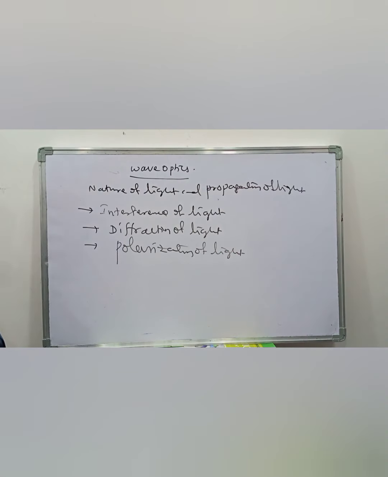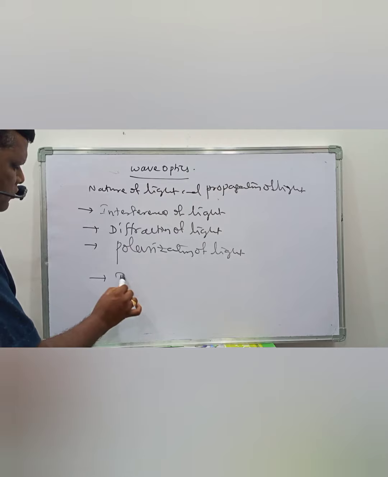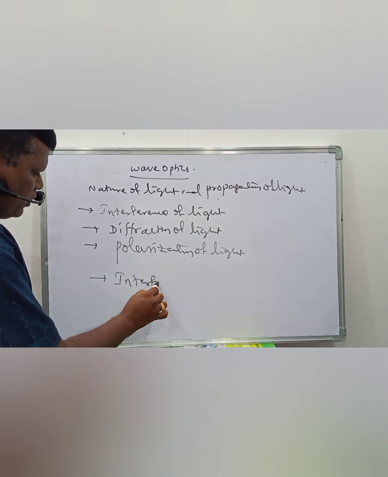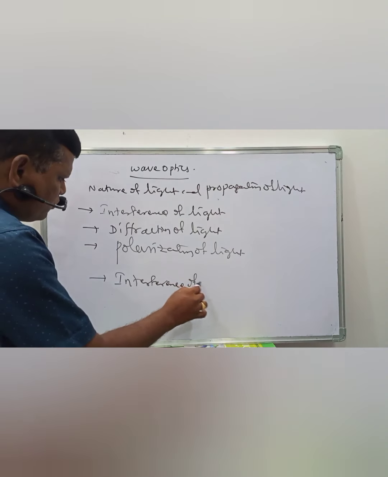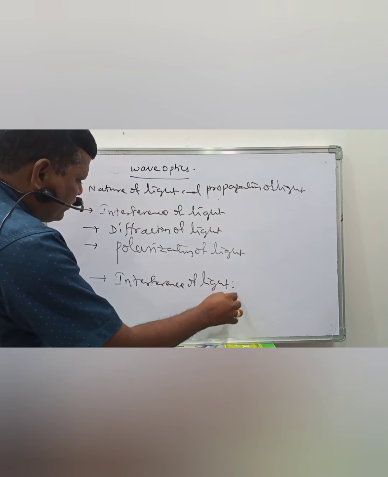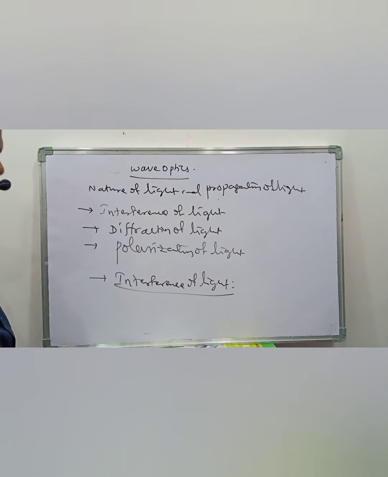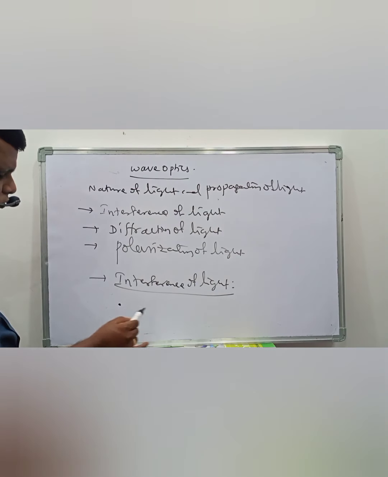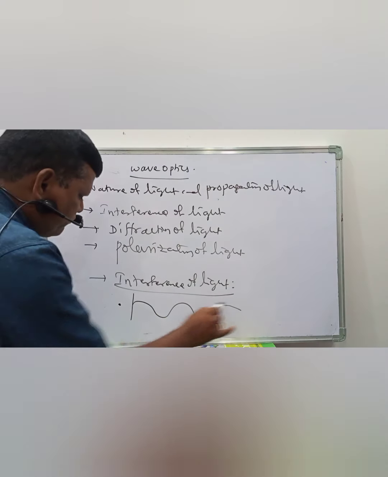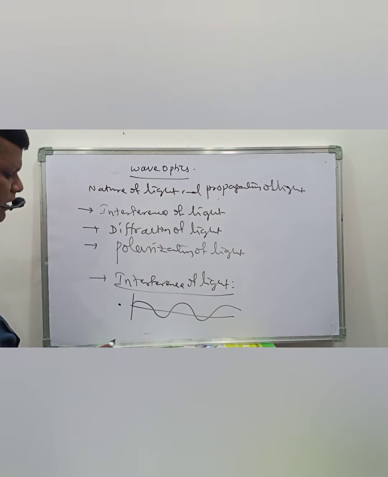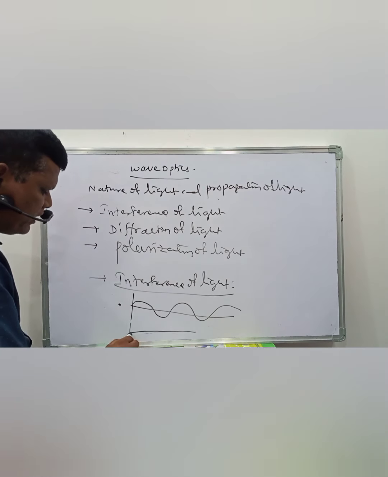Now I am going to talk about interference of light. What is meant by interference of light? Interference of light means whenever the source of light emits light waves having two waves with the same frequency and same amplitude, they superimpose at any instant of time.